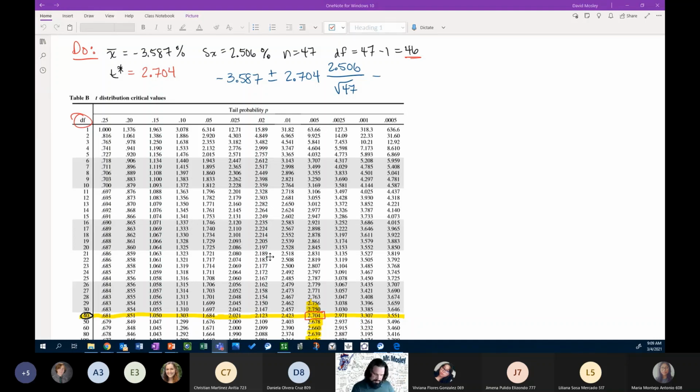And this gives us the interval from negative 4.575 to negative 2.599. So this is our interval. Now we've done our calculations. We can go to our conclusion.